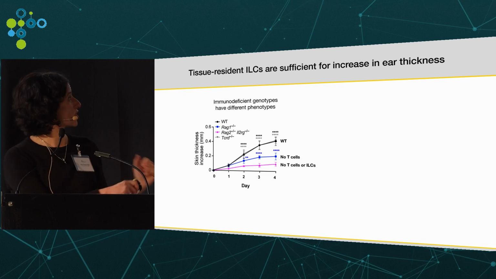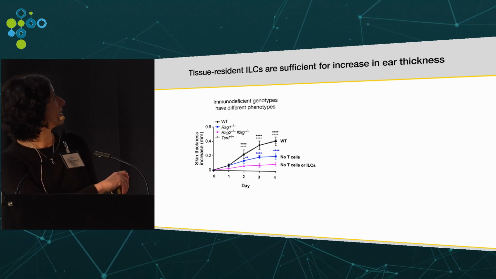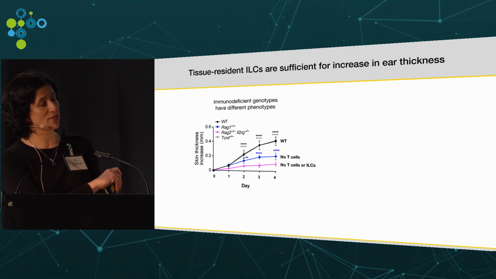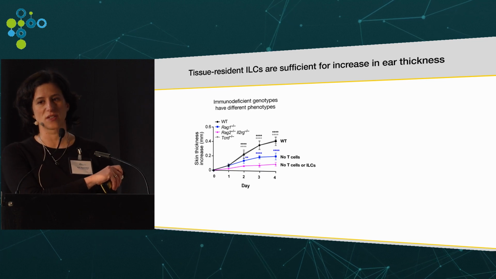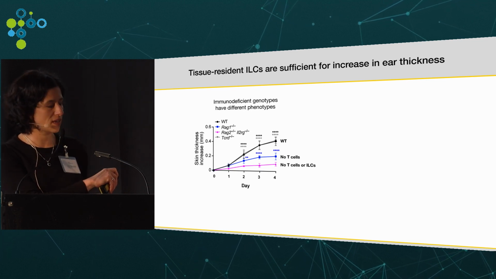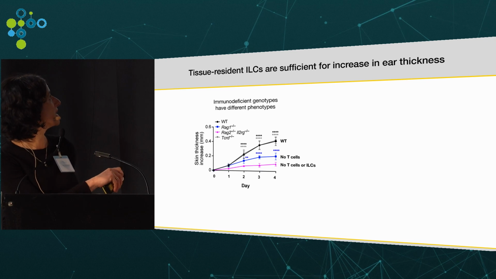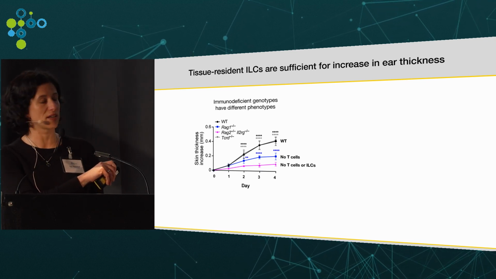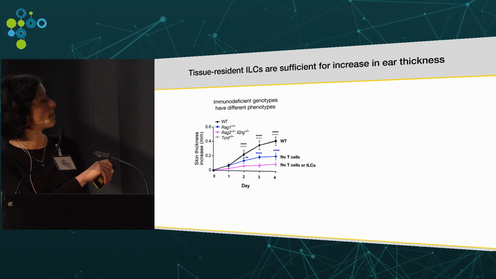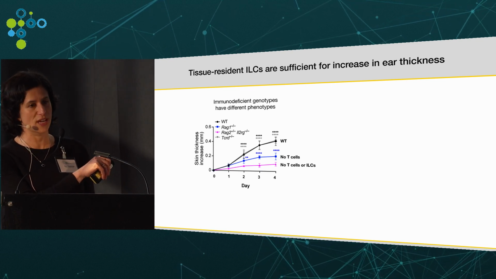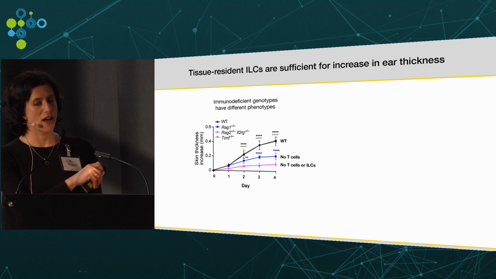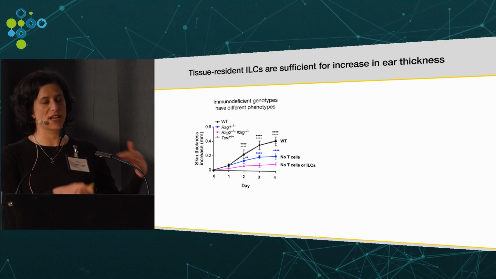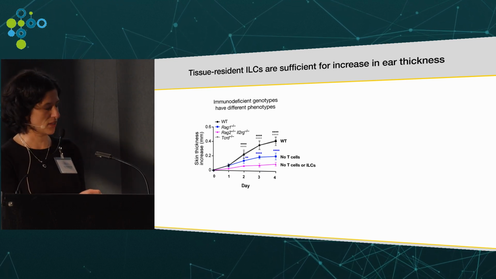Here I'm showing the baseline in a mouse that has no T cells and no ILCs, a RAG gamma common chain deficient mouse. And here's a RAG deficient mouse with no T cells, but it has ILCs. So this is the baseline from just irritation, and then you do get inflammation, and from there, when you have both T cells and ILCs, you get this amplified response in the wild type.